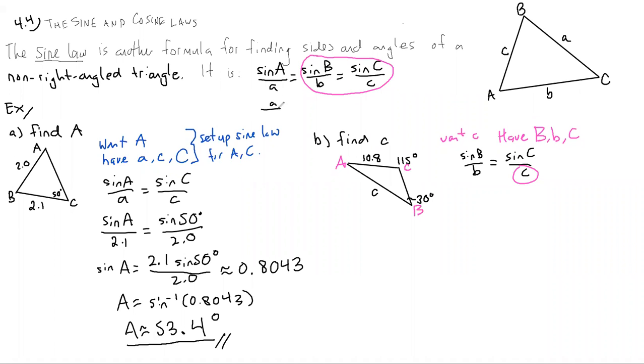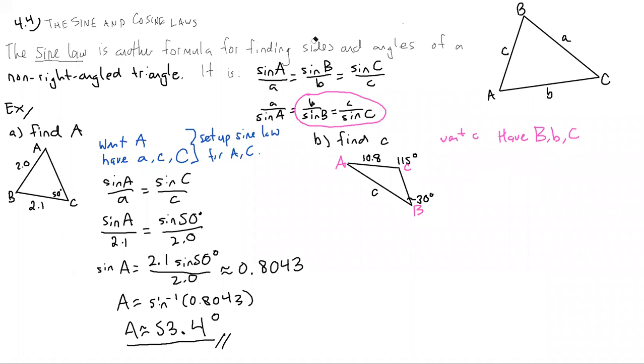We can flip the whole thing. So a over sine A is b over sine B is c over sine C. It's the same equation. It's just taking everything to the power of -1. And then what I can do is instead use the B and C version of that one, which is just one step faster for us to solve the equation.